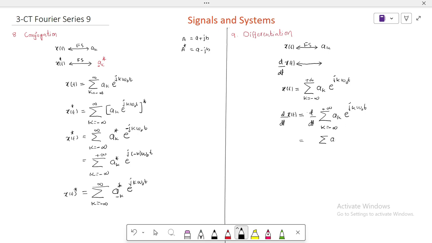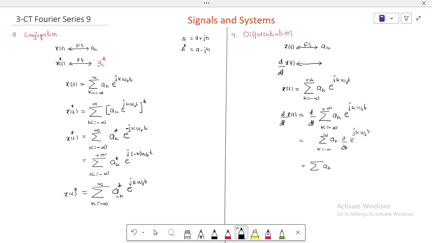So that equals sigma a_k, and since we are differentiating with respect to t, j k omega naught is a constant, so j k omega naught into e power j k omega naught t.